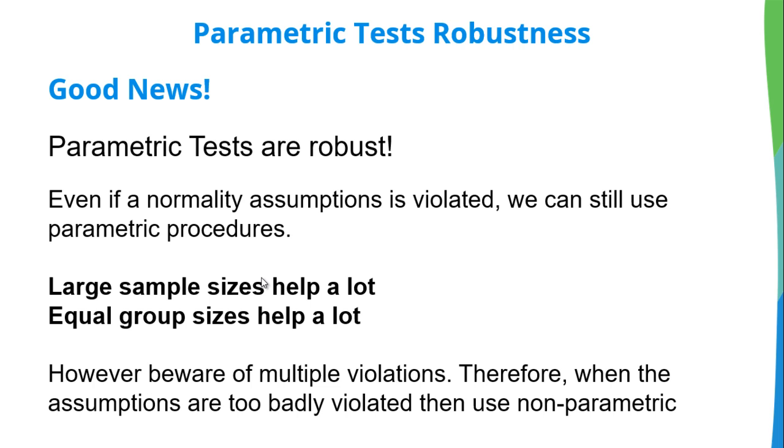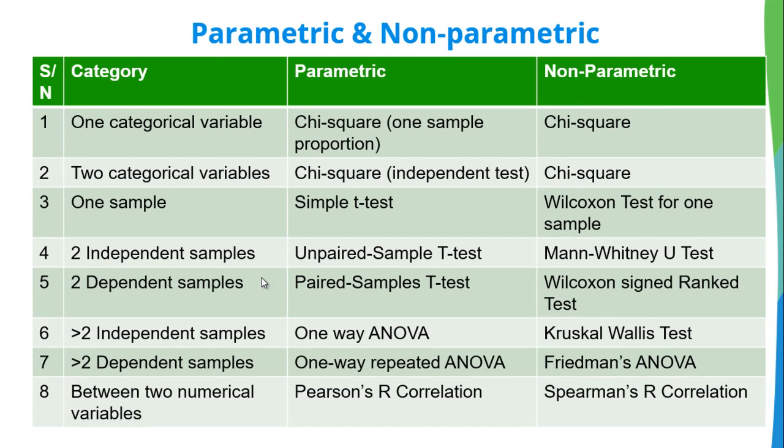Don't forget that we also have a chart we draw for parametric and non-parametric tests, but that's not for now. I will pinpoint that later. Each parametric test has a non-parametric counterpart.